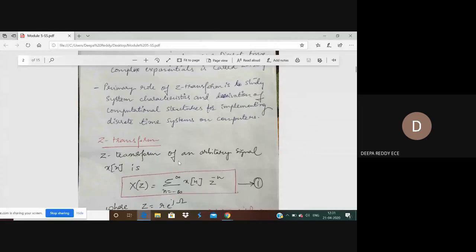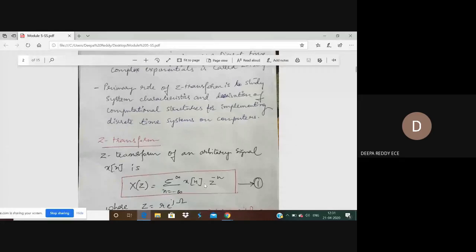We also represent it as capital X. The time domain we wrote using small x, and the frequency domain we represented using capital X. Here also, this is in the frequency domain, capital X, but instead of k, we are using z, because it is the Z transform of a discrete time signal x of n. So this is our x of n, whose Z transform we will find using this expression. It's a very simple expression, a very nice expression to remember.